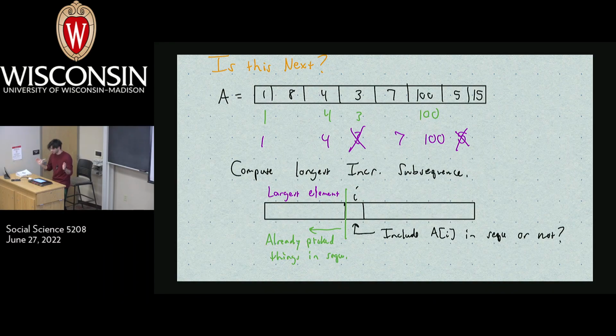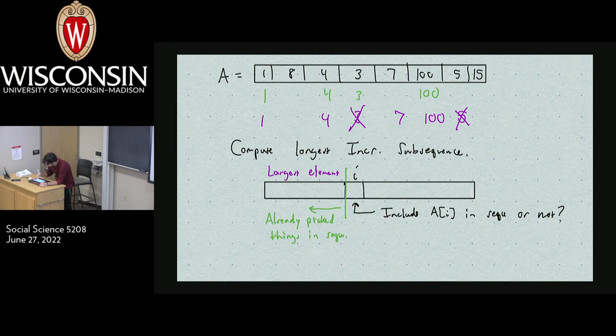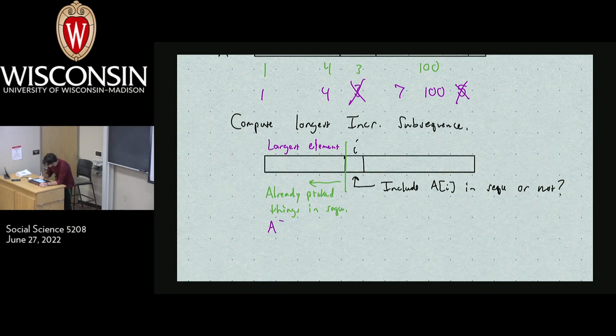And because you're choosing an increasing sequence, the largest element is always the last one. So you always need to remember AJ, or specifically, you just need to remember J, where AJ is the largest in the tentative solution sequence.